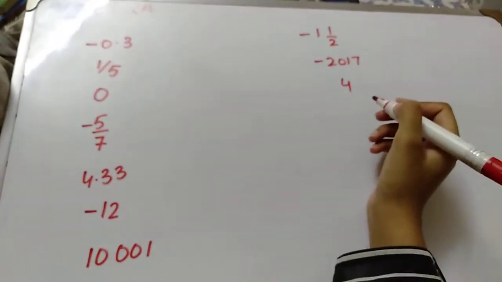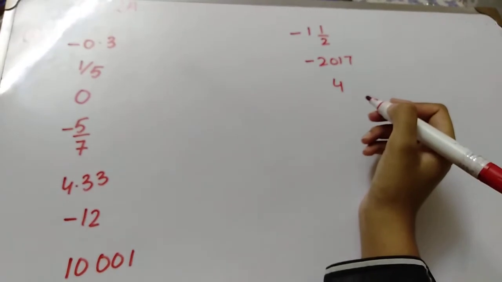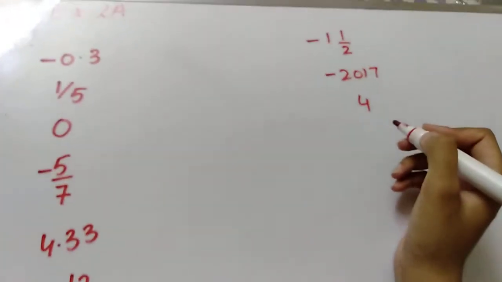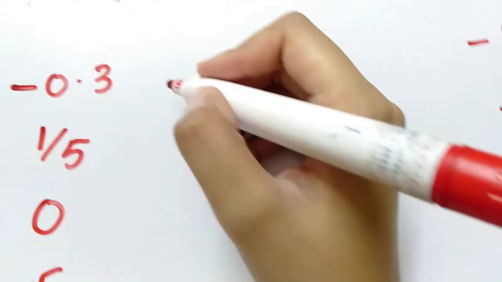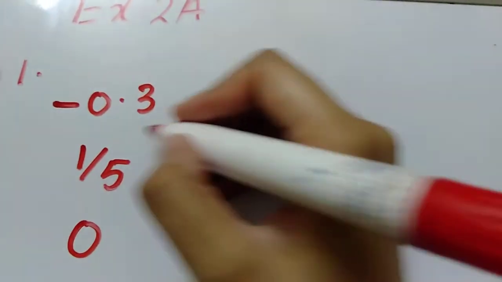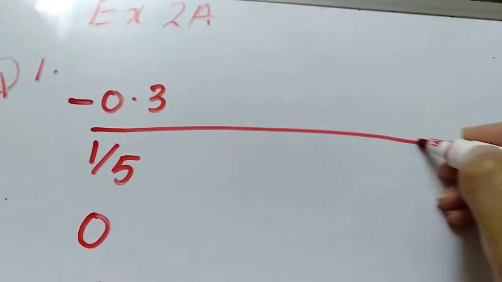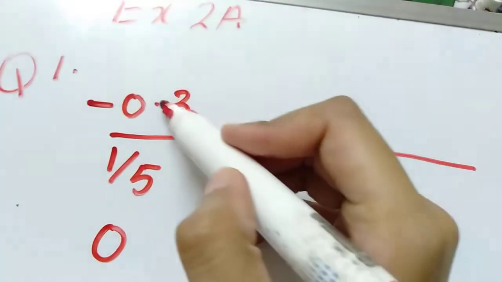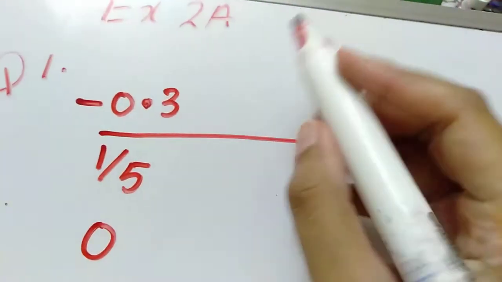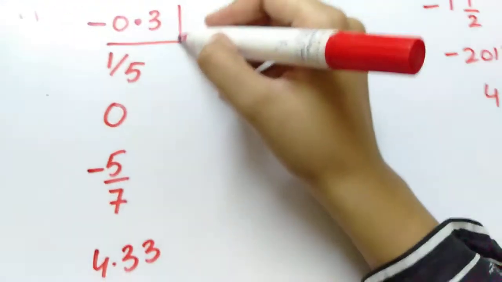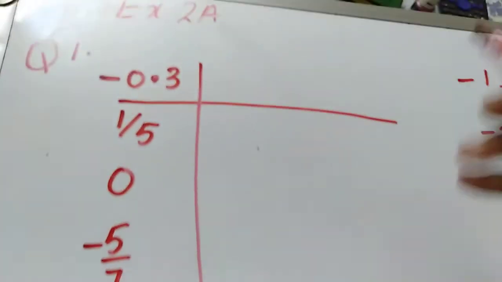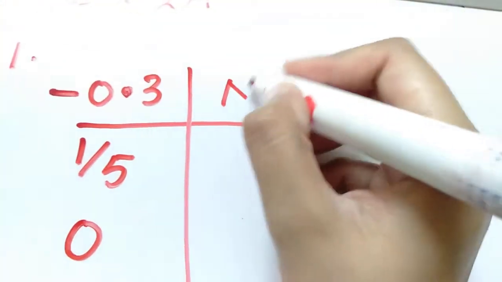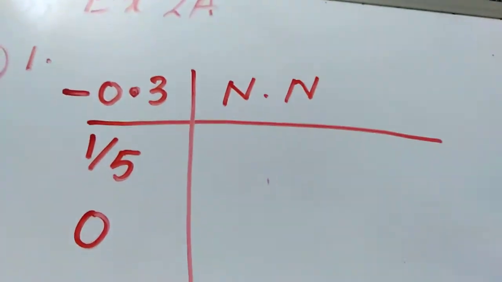We have to name them as positive numbers, positive integers, negative numbers, and negative integers. Minus 0.3, can you guess? It has a negative sign and it's a decimal point number, so it is in fraction form. So we will name it as a negative number.